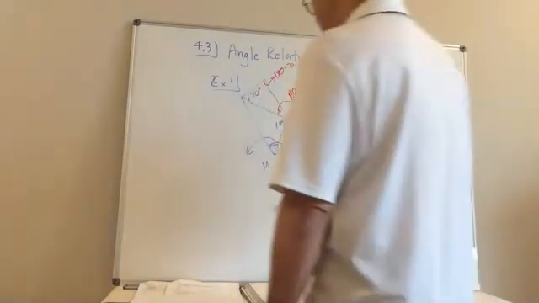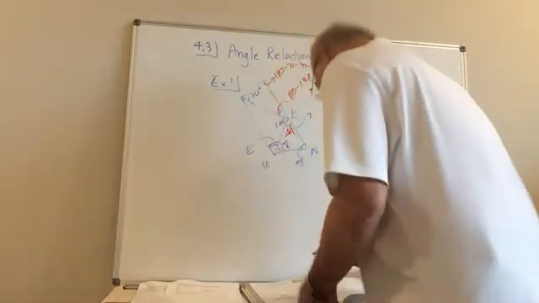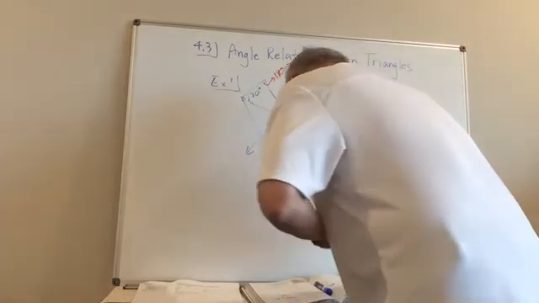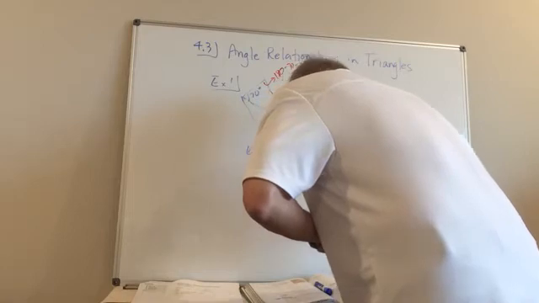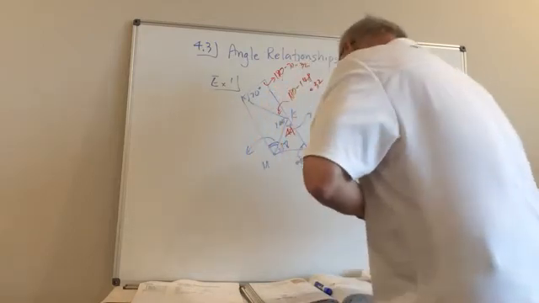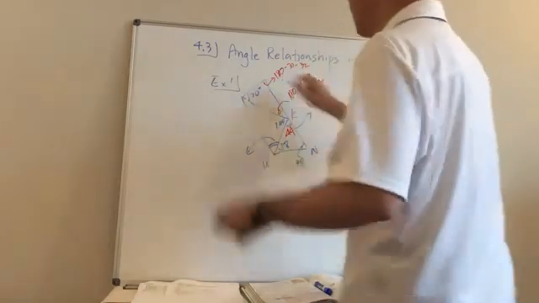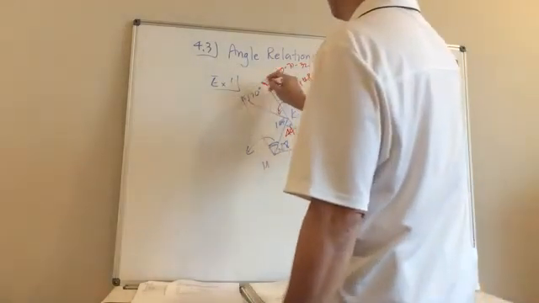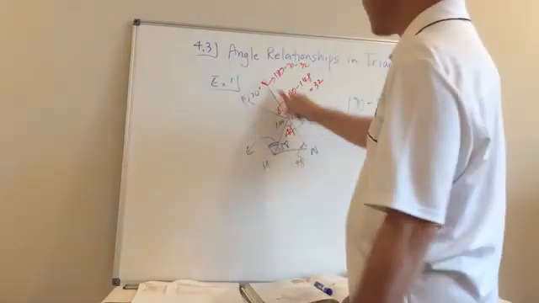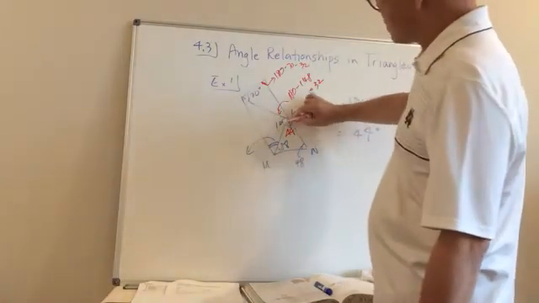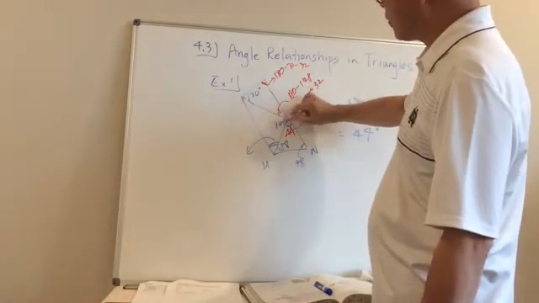So this would be here 78. So that's 78, which means that JLK would be 78. And that's what we're trying to find, right? We're trying to find JLK. We're trying to find this guy right here. JLK right here.